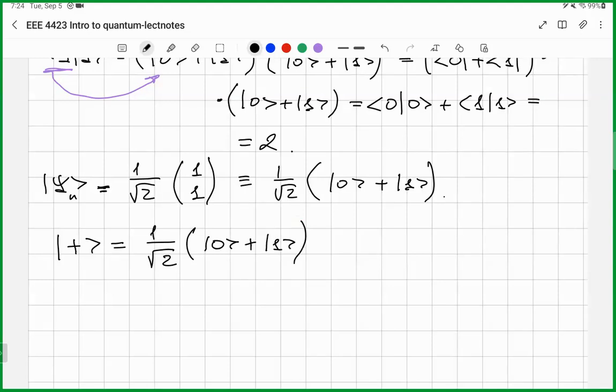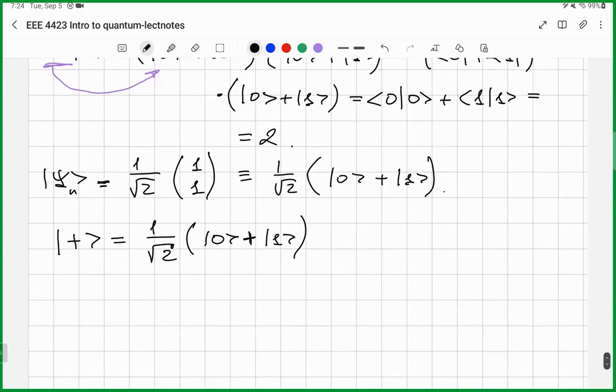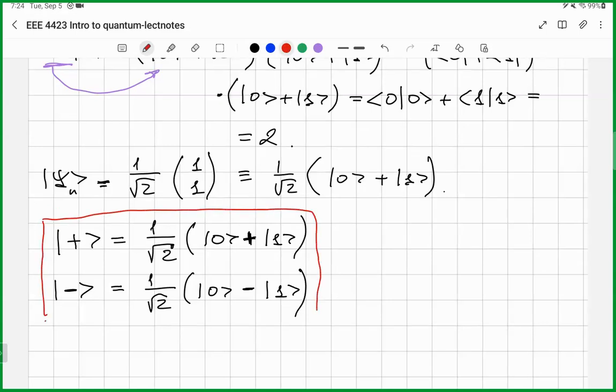So it's exactly the same formula, I just rewrote it here and gave it a name, plus. And this vector gets the counterpart vector minus, which is the same, but with the sign minus state 1. So this is another alternative basis that is also very useful for the next. This basis is called the plus minus basis.